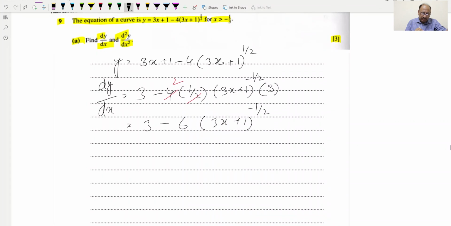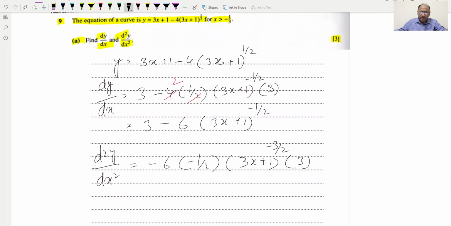Now we can take the second order derivative, d2y over dx square. The derivative of this constant will be 0. So next will be minus 6 into minus 1 by 2, 3x plus 1 raised to the power minus 1 by 2 minus 1, so it will be minus 3 by 2, into the derivative of this inner part, which is 3.